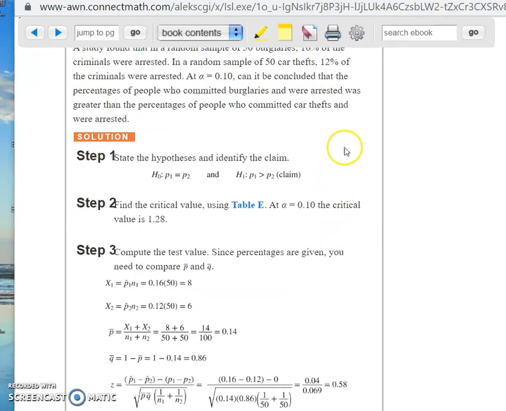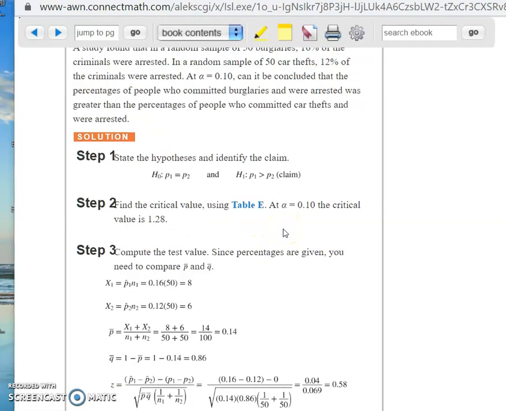The issue is whether or not the population proportion is different. Is this one bigger than this one? We don't know, because we don't have the resources to examine the entire population. All we can do is look at the samples, and when we look at the samples, we draw an inference about the population. That's what's always going on in a situation like this.